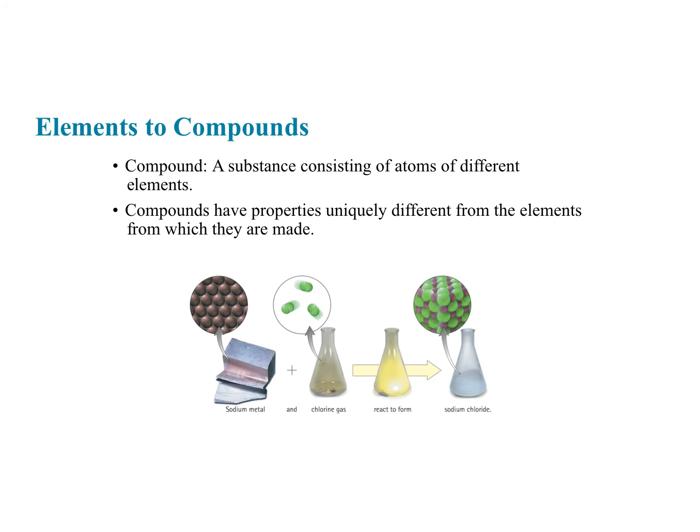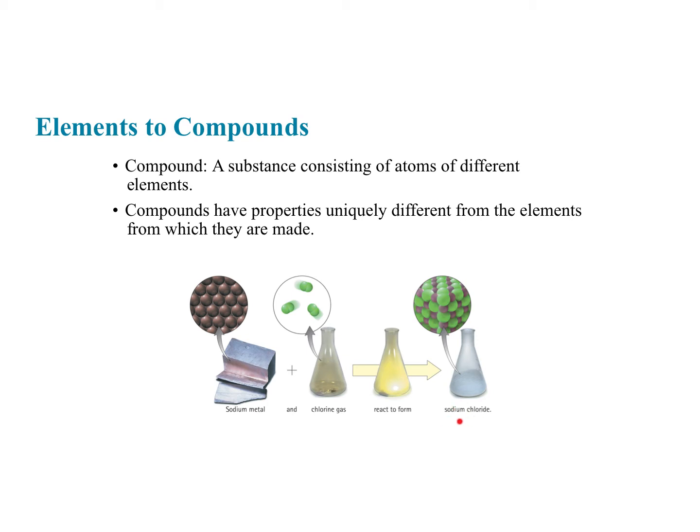Now, one of the things that I want to mention, because this is an incredibly important point, maybe the most important point of this lecture. When two or more elements combine and form a compound, that compound can have completely different chemical properties from the individual elements that make it up. So, for example, consider sodium chloride.